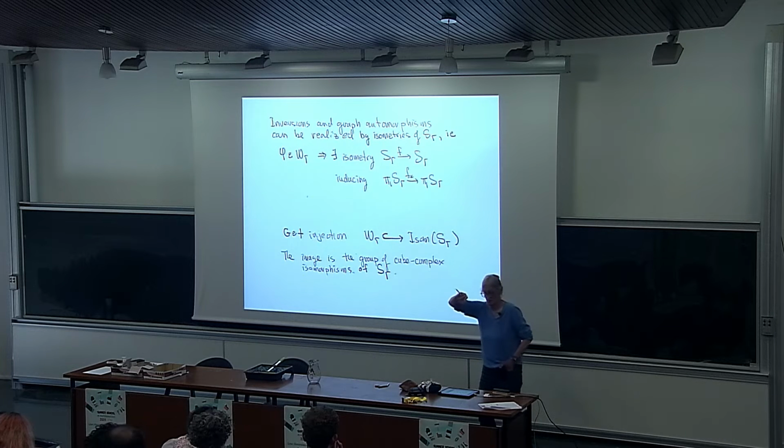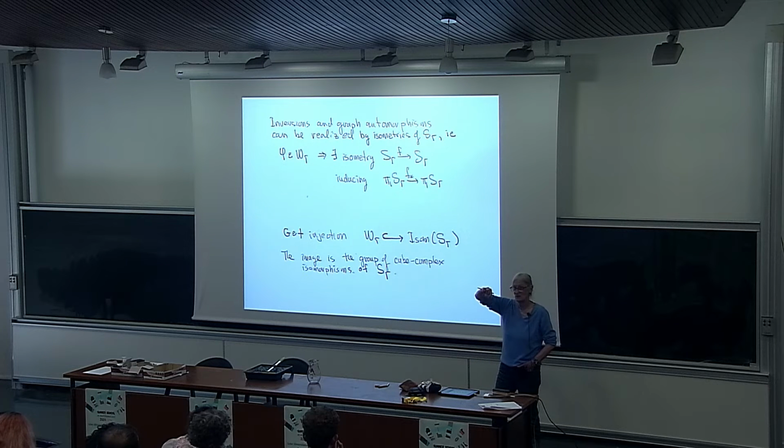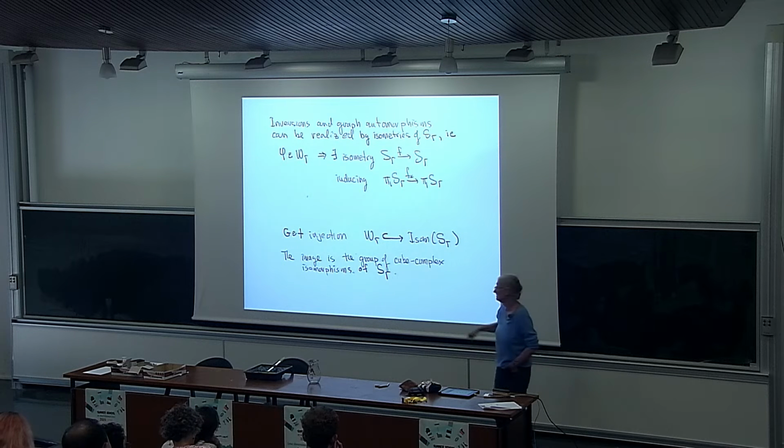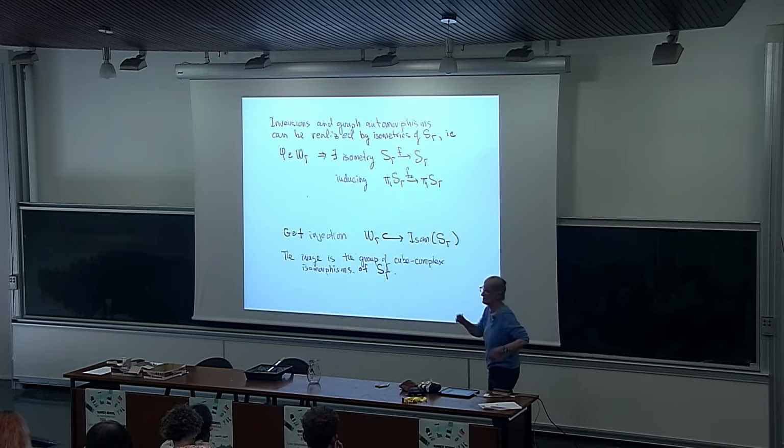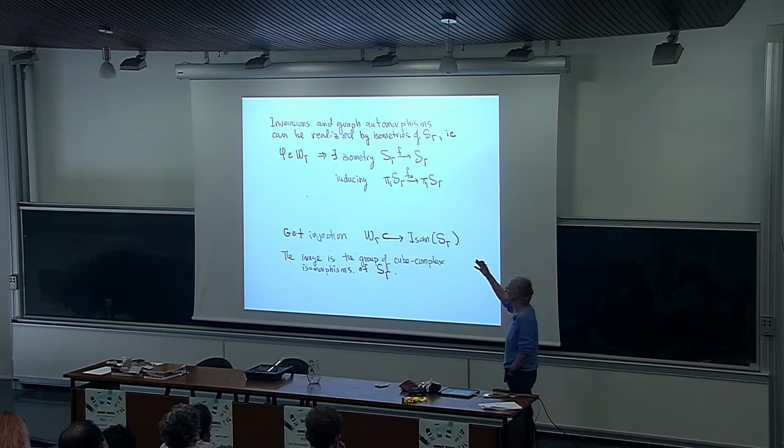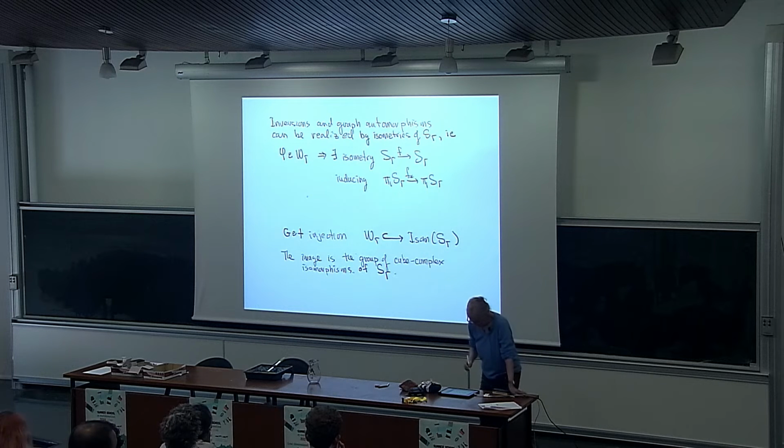If you have an inversion, you just take that loop and turn it around, and that induces a map on the whole thing. A graph automorphism kind of mutes the picture, but it still gives you an isometry of the thing.